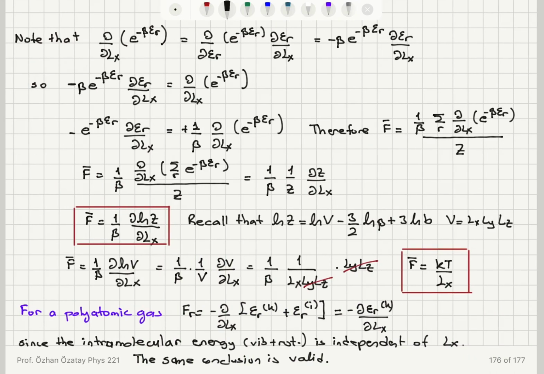And in the canonical distribution, I realized that the way I have written it, it could also be written as 1 over beta times the derivative of ln partition function with respect to Lx. And by substituting the partition function that I calculated previously in the previous section, I can find that the mean force exerted by one molecule is kT over Lx, and this result is independent of whether it's a monatomic or polyatomic, because the contribution from intramolecular energy is independent of the dimensions, the derivative vanishes.